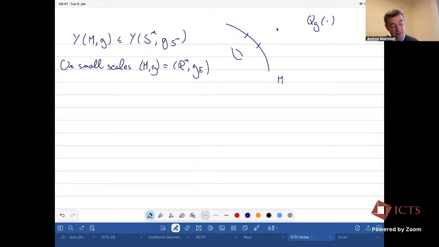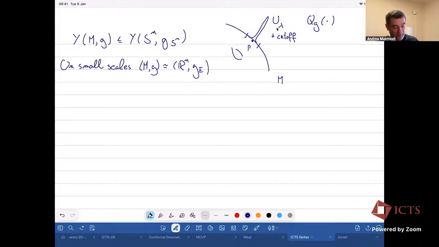So basically you can take a function of the type u_lambda, very concentrated near a point P of the manifold, use a cutoff, and in this way you are able to approach the Euclidean Sobolev quotient as much as you want. You take your function, which is very peaked, then apply a cutoff function, and you get very close to this Euclidean quotient.